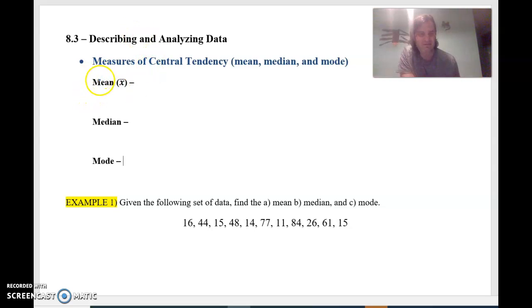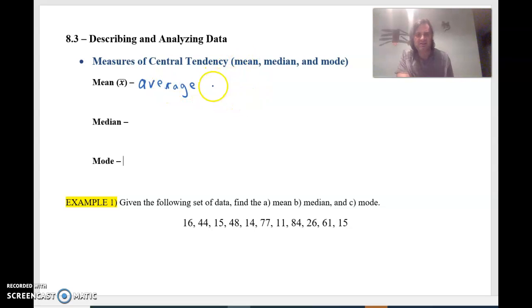A lot of people are familiar with these, but the mean, sometimes denoted in our book and in lectures as x with a little bar over it, means average. Most people have already experienced mean before, so it's just the average.